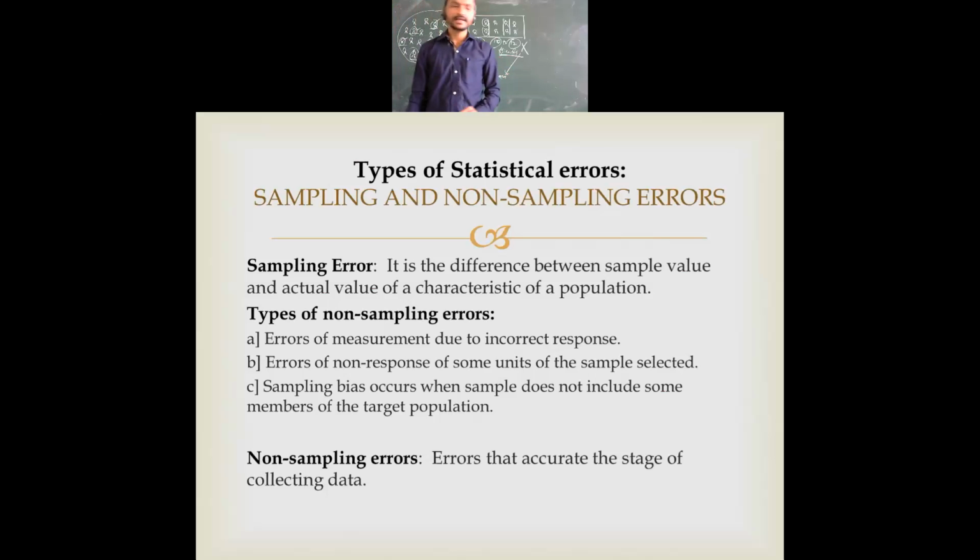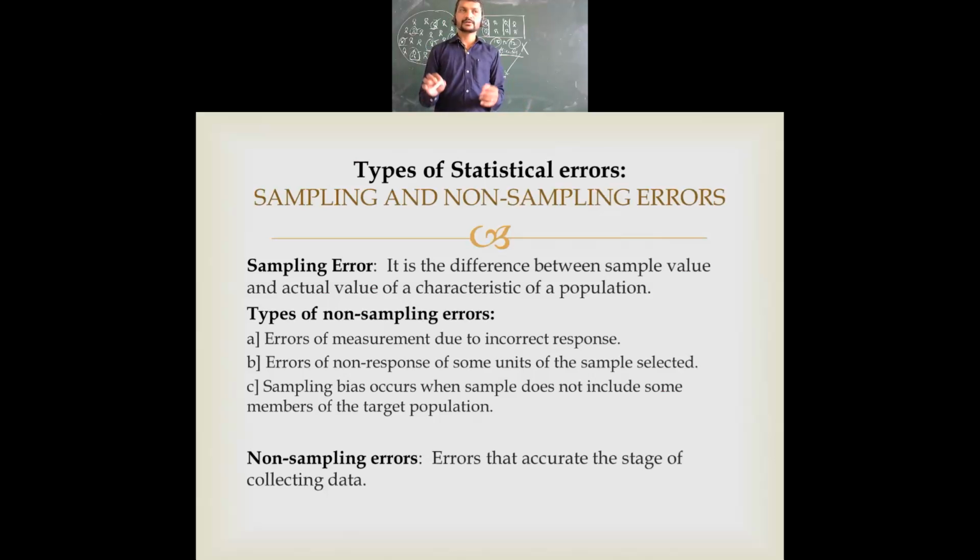When you are collecting the data, that time you are going to get these errors, like errors of measurement due to the incorrect response. See, a few of the times what happens, if you are doing it on an influence basis, you may not get the exact picture.